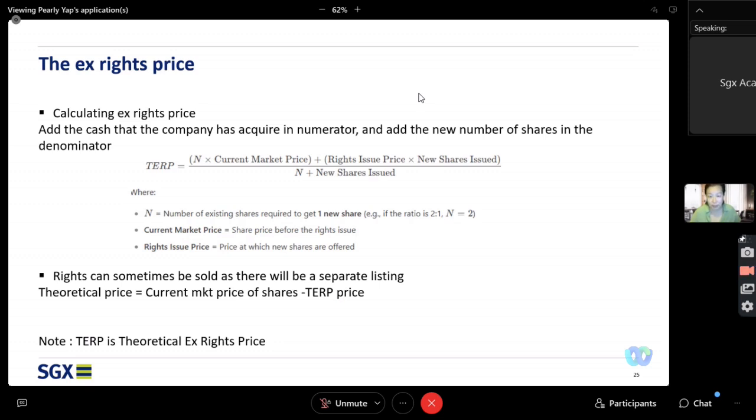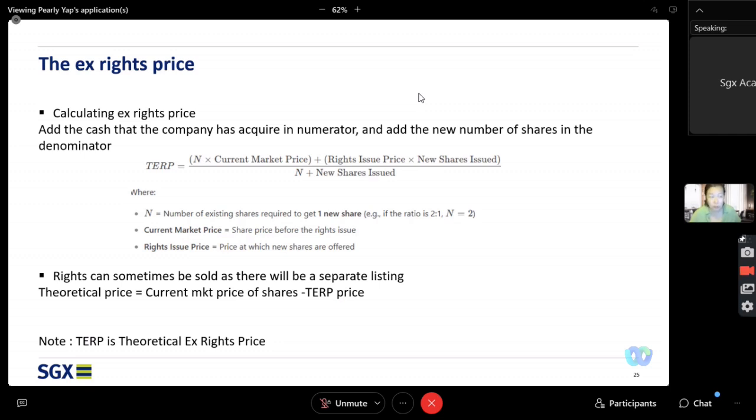And then after that, if you are not a shareholder of the company, when it goes X, on that date itself, even if you buy the stock, you will not get the entitlement of the rights issue.